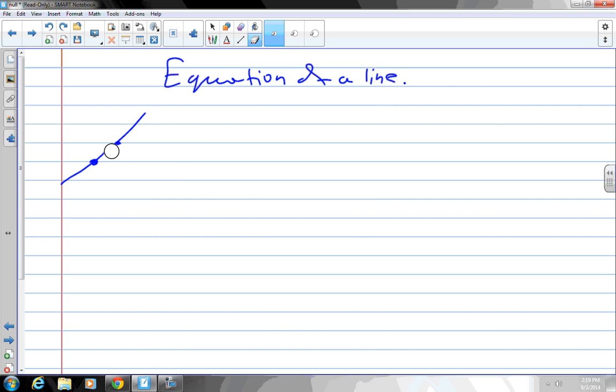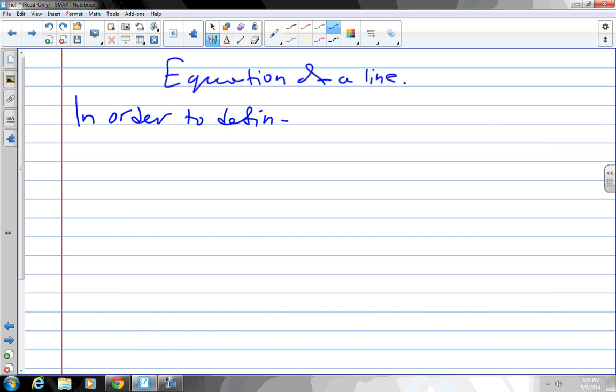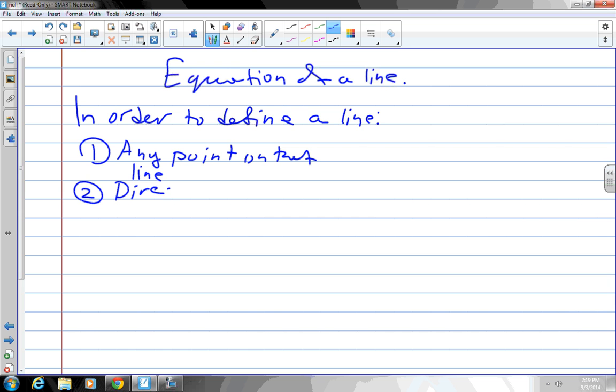So this is how we're going to be looking at the lines. In order to define a line, we need to have one, any point on that line, and two, direction of the line.